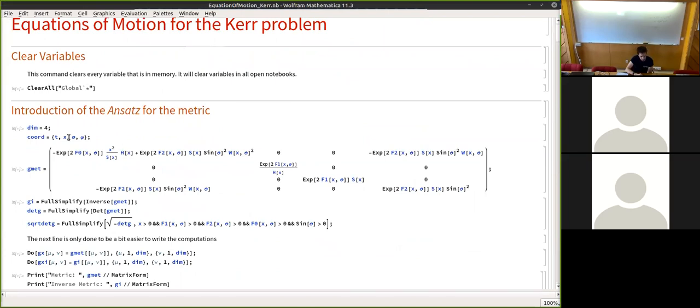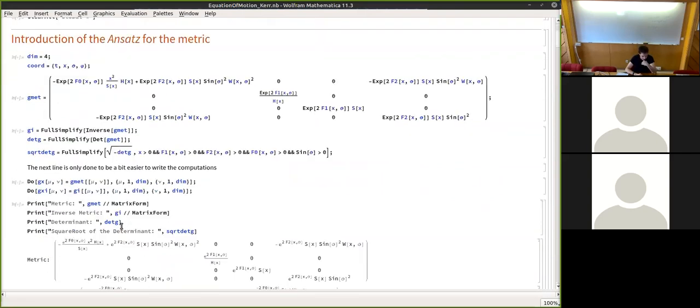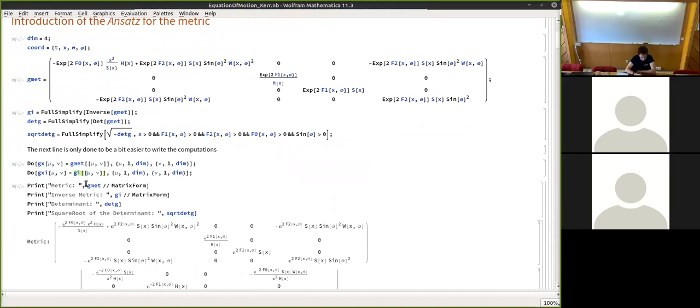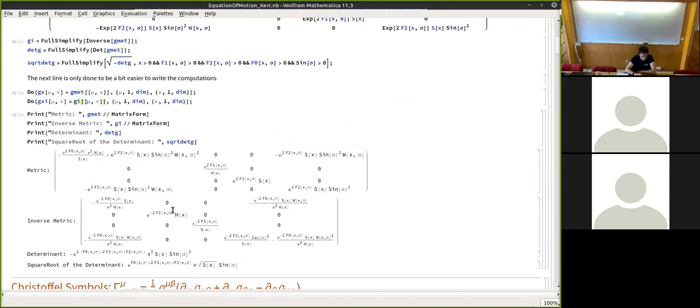First we introduce the number of dimensions, the coordinates and the metric. With this, you can compute the inverse metric, the determinant, and the square root of minus the determinant. These two lines are just to simplify the notation a bit; you don't have to do this. Then here, just some prints to see some quantities.